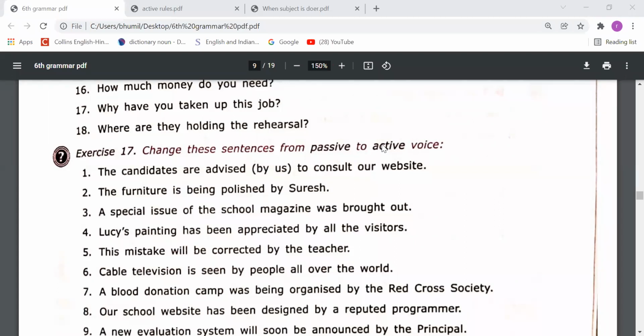Akshita, you please tell me. Akshita, what can be the answer of this? Sir, Suresh is polishing the furniture. Very good, right answer. Good, Akshita. Good try. So, dear students, in this way, you have to do all the exercises of this chapter.